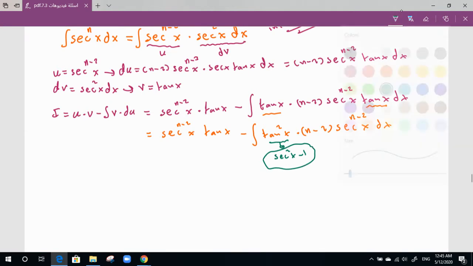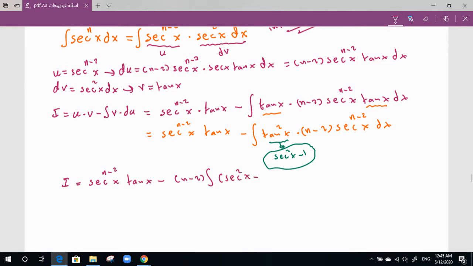So my integral I will be secant to the power n minus 2 x tan x minus n minus 2, because it's a constant, I will take it outside, so n minus 2 times the integral of tan square x, which I replace by secant square x minus 1, times secant to the power n minus 2 dx.